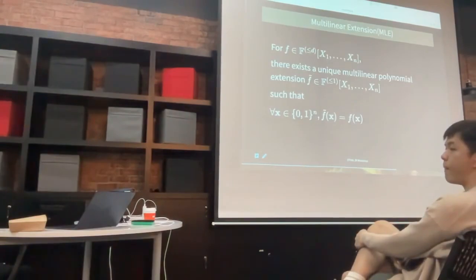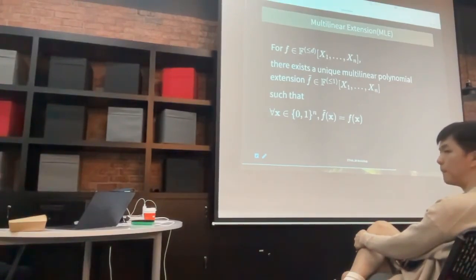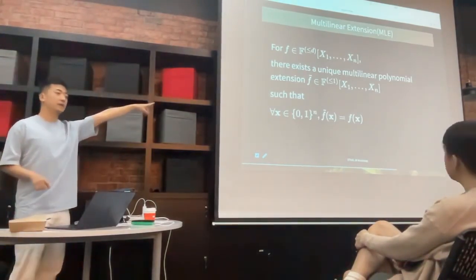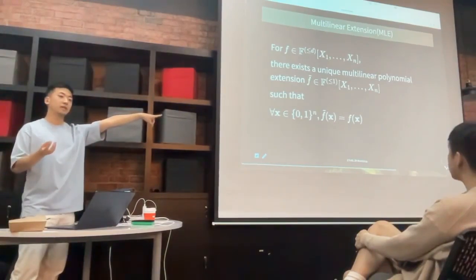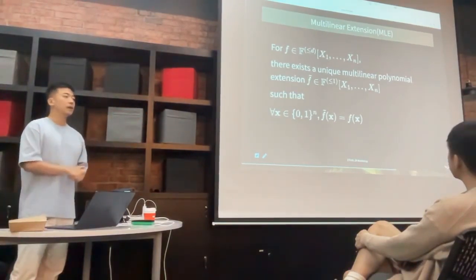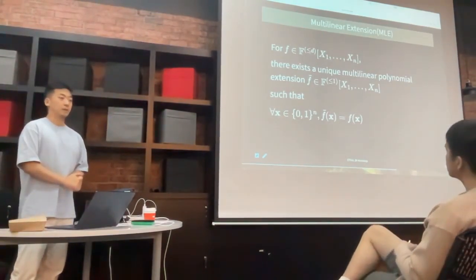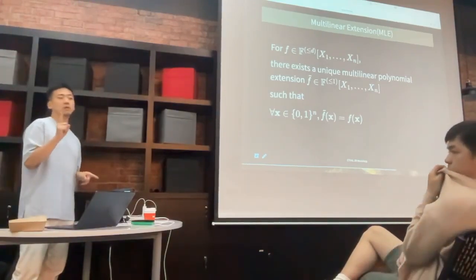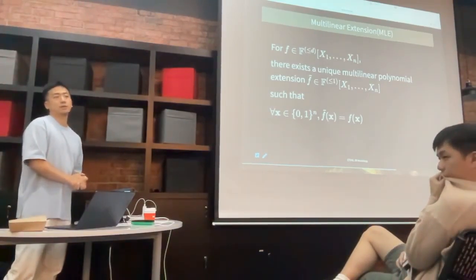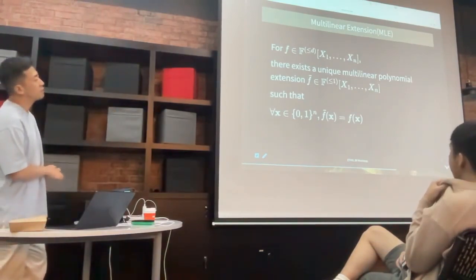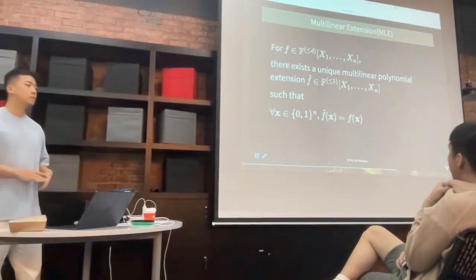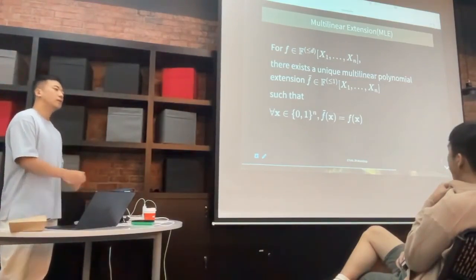We may have an infinite number of hypersurfaces that interpolate the exact same vertices there. And we use F tilde for the notation. If you see the F tilde, the tilde means it's a multilinear polynomial, so the degree is at most 1, always. It is the corresponding multilinear polynomial for a given surface.